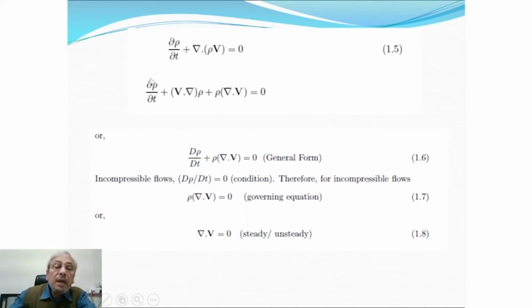Now, v is iu plus jv plus kw, and this nabla operator is i ∂/∂x plus j ∂/∂y plus k ∂/∂z. Dot product of that is basically u ∂ρ/∂x plus v ∂ρ/∂y plus w ∂ρ/∂z if it is in 3 dimension.